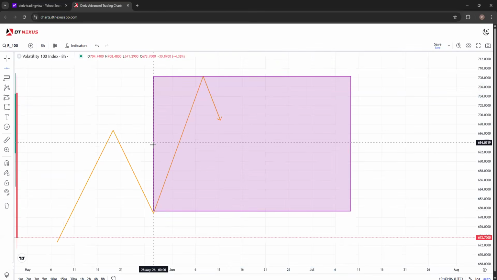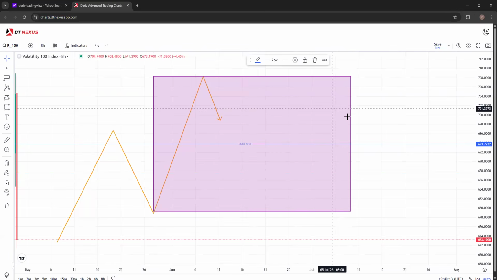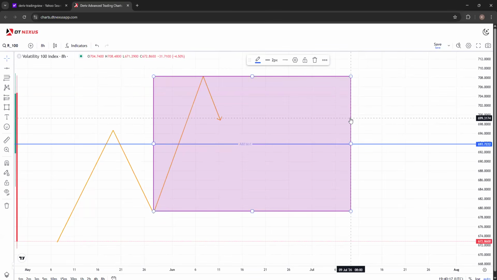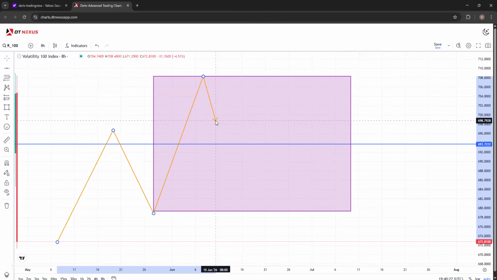So for instance, we can come here and mark this range over there that I've just put, right? As I've marked that range, what it means to say is I'm not going to buy above the 50%, but I'm looking for buys below the 50% of my range.